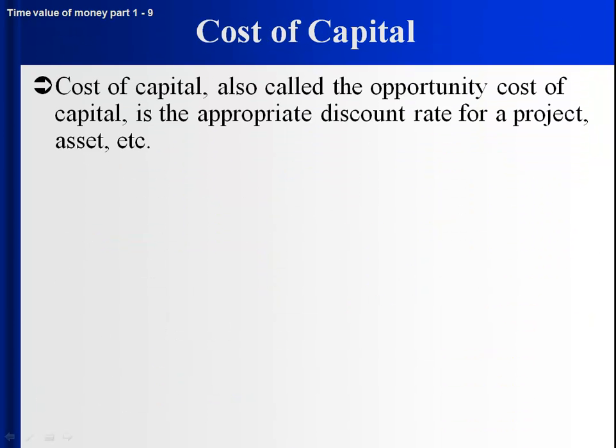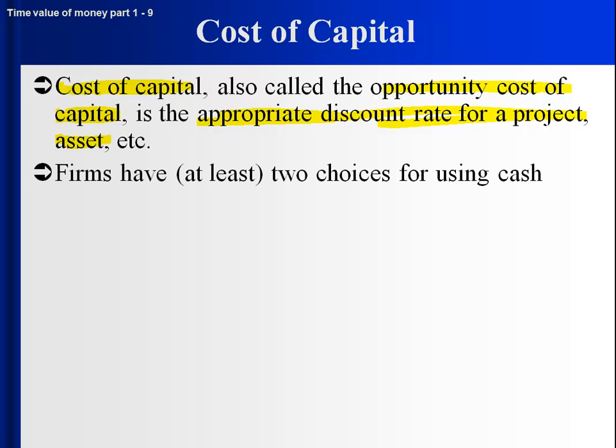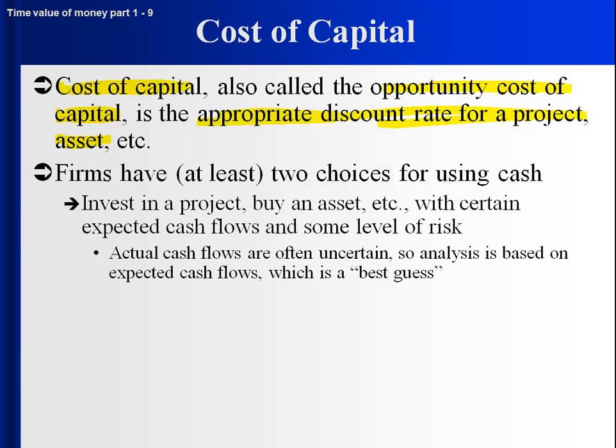One last point. The discount rate for a project or for an asset, the appropriate discount rate that we often use, is often called the cost of capital or the opportunity cost of capital. And here's why. Firms have at least two choices for using cash. One is to invest in a project, buy an asset, and that has certain expected cash flows and some particular level of risk.